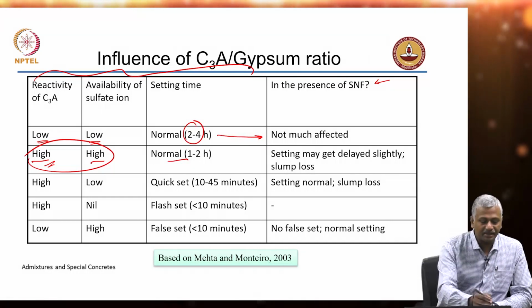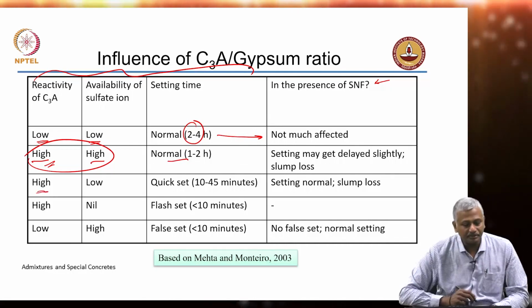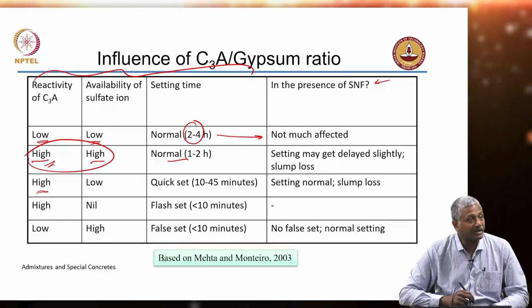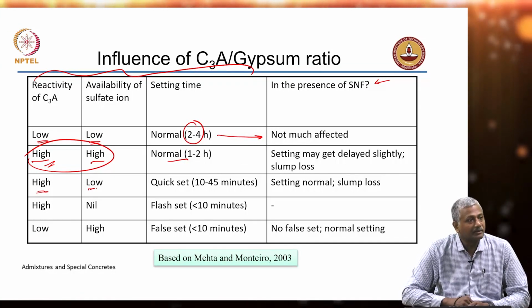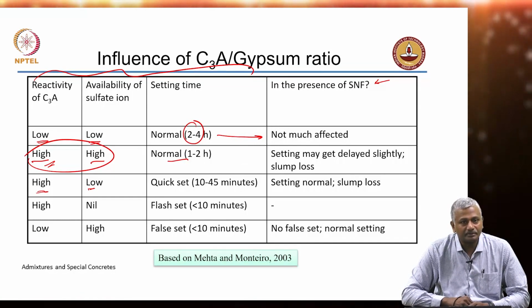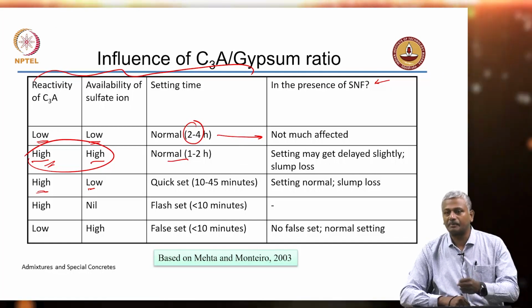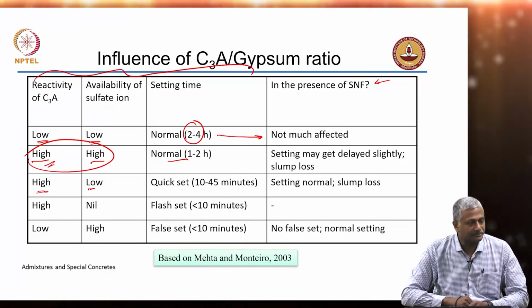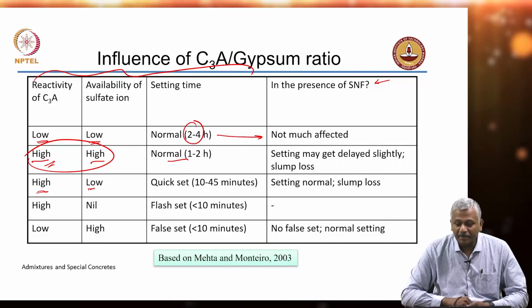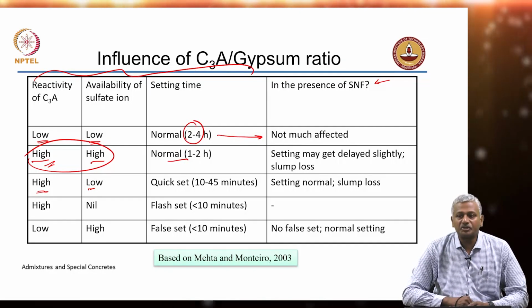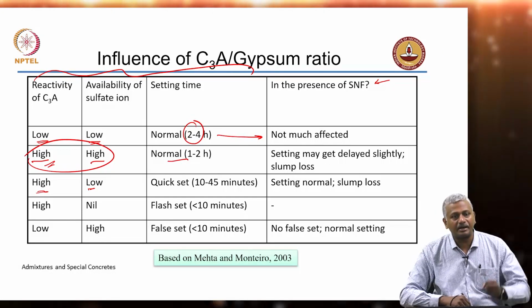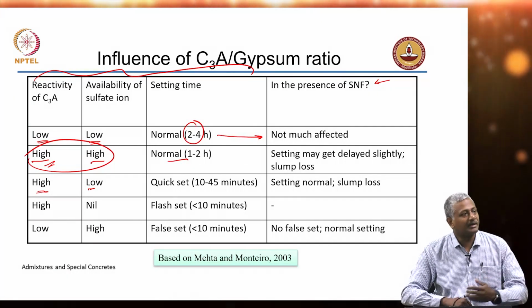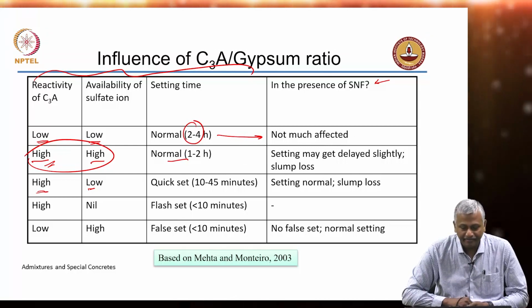But more interestingly, when C3A is highly soluble, but sulfate ion availability is low, what is going to happen? Some of your C3A is available to directly react with water. It may form a quick set, but at the same time your admixture effectiveness is going to go, because it is getting attracted to the highly soluble C3A and it is causing some slump loss.